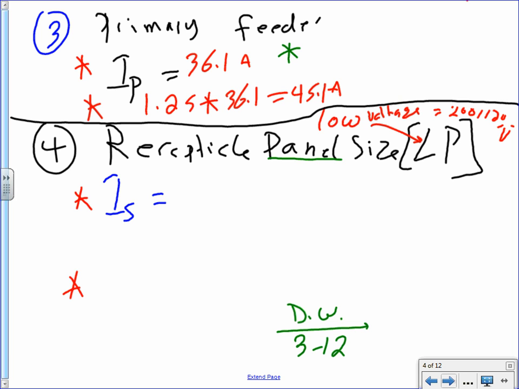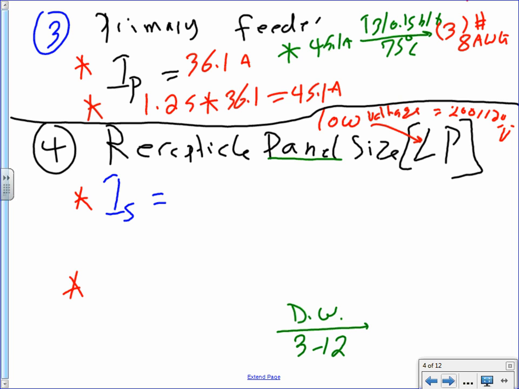Then you take the 45.1 amps to table 310.16 under the 75-degree column, and that should get you the following: 3 conductors number 8 AWG, THHN.